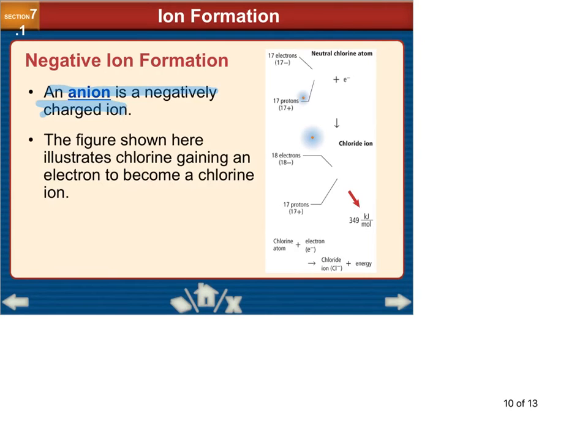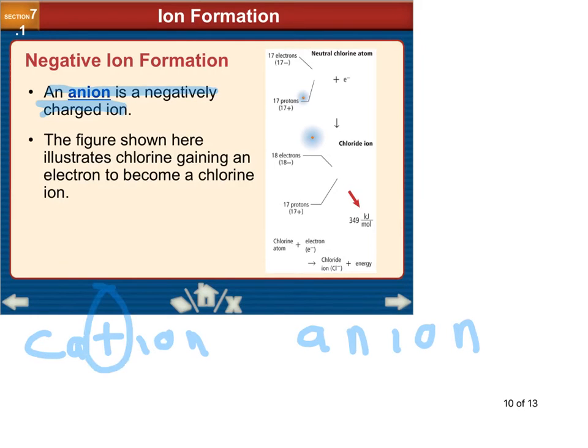That's a way you can remember the difference between a cation and an anion: a cation is positively charged, and an anion is a negative ion. Cation has a t in the middle, like a plus.